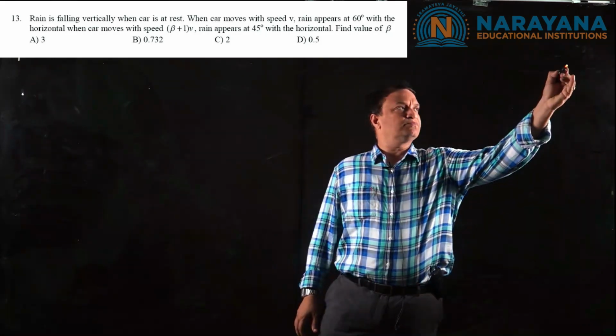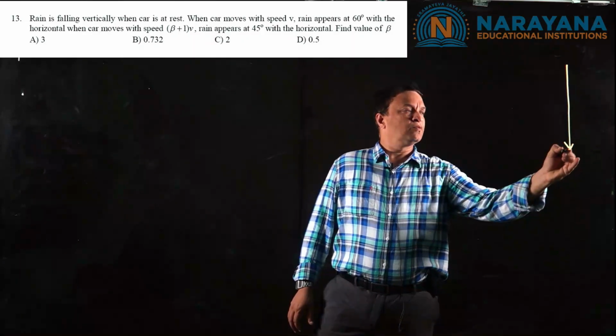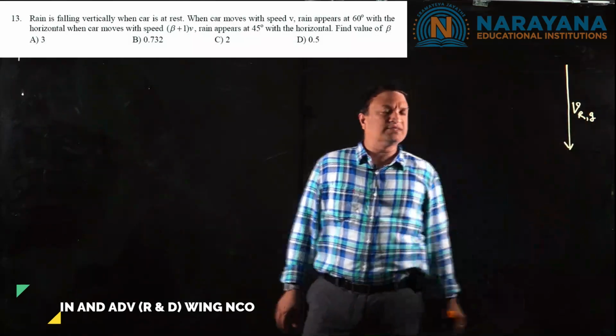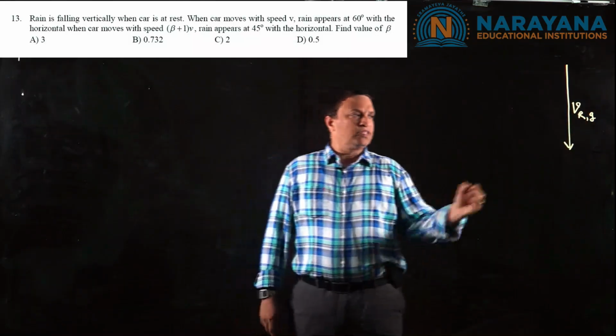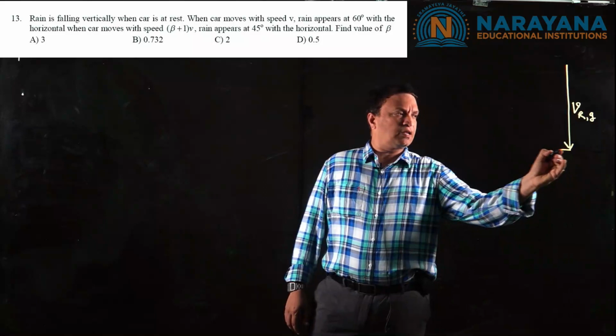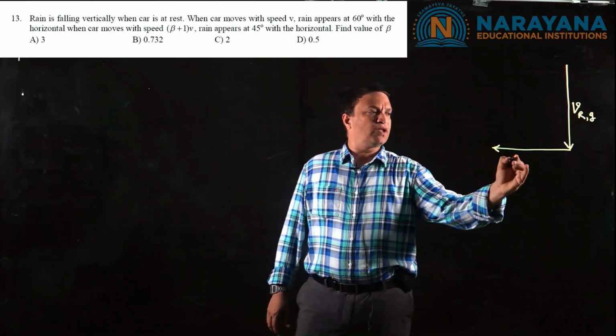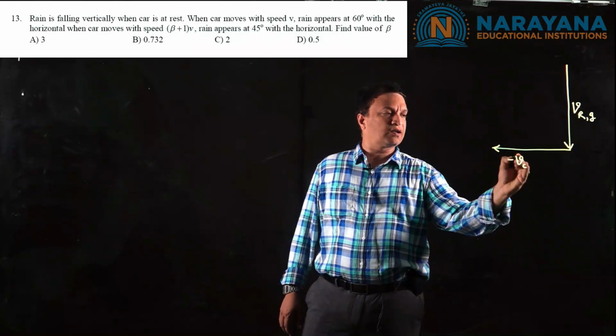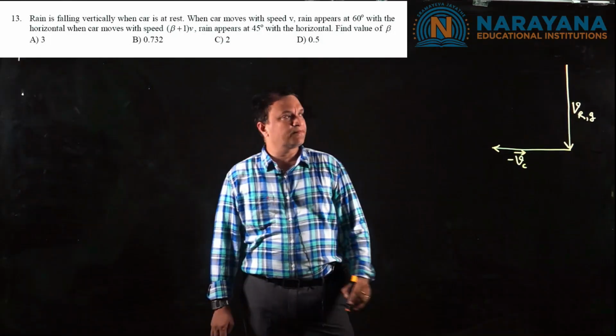For example, the velocity of rain with respect to ground is this. With respect to the car, the reversed direction, velocity minus velocity of car is this.